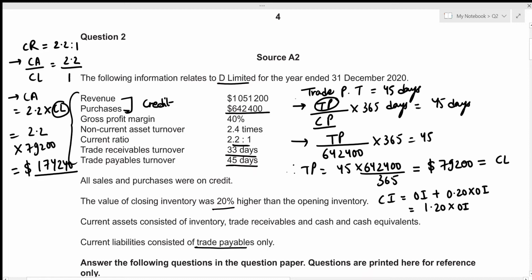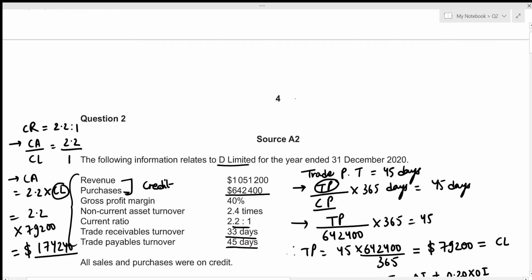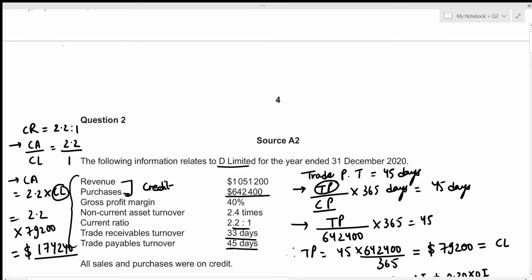Now we can figure out our trade receivables from trade receivables turnover with a similar process as we did for trade payables turnover. I'm just going to write it here. So the trade receivables turnover we have is 33 days. And the formula for trade receivables turnover is just the trade receivables divided by credit sales times 365 days. We are given our credit sales right here. So revenue amounted to 1,051,200.